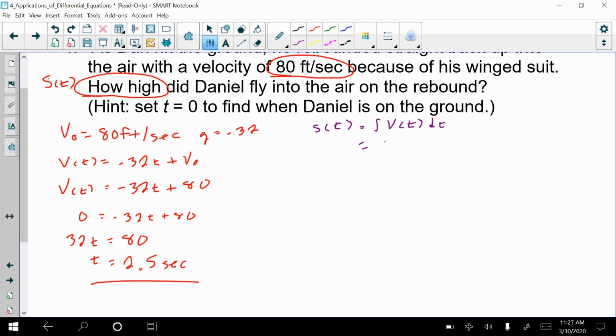I'm going to take the integral of the velocity function, negative 32t plus 80, all of it multiplied by dt. And when I do that using the antiderivative process, the reverse power rule, we're going to get negative 16t squared plus 80t, and we have a constant because we're doing an indefinite integral.